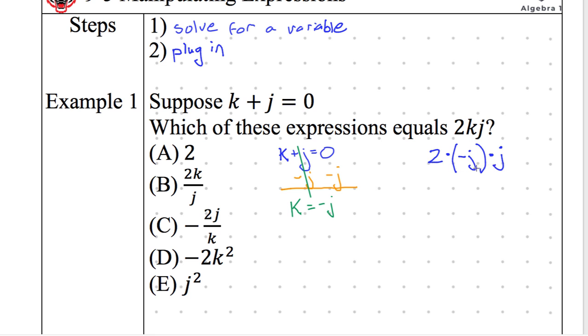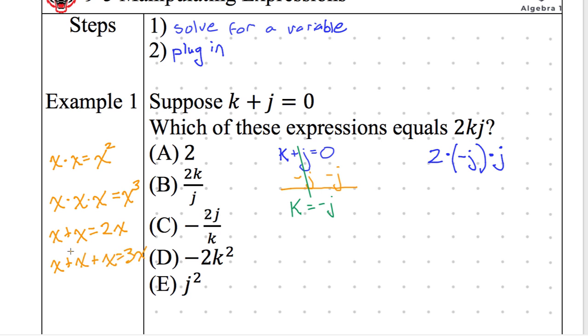So when I multiply these all together, j times j is j squared. I can write this off to the side too, but if I have x times x, that's equal to x squared. If I have x times x times x, that's equal to x cubed. But if I have x plus x, that's equal to 2x. x plus x plus x, that's equal to 3x.